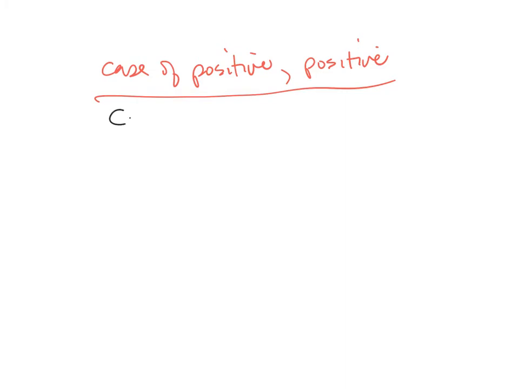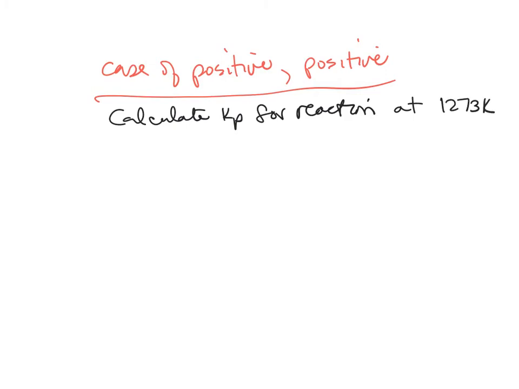Okay, we want to calculate Kp for the reaction at 1000 degrees C, which is 1273 Kelvin. And the reaction is calcium carbonate, which you can heat up, and it'll spontaneously go to calcium oxide plus CO2.